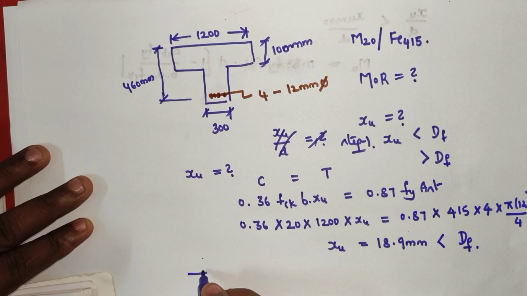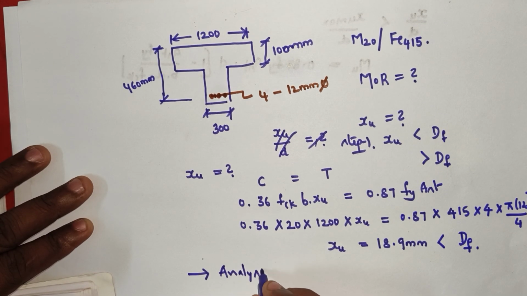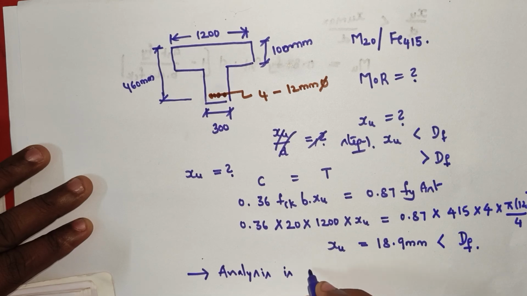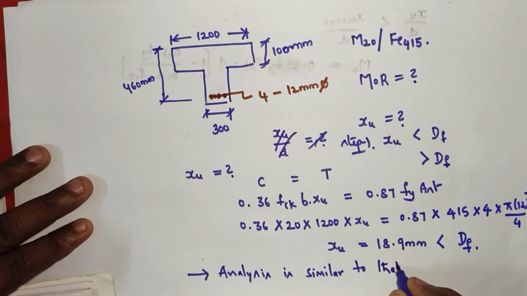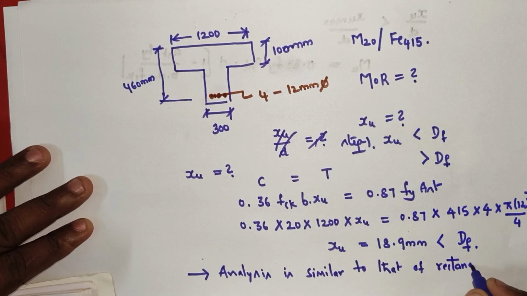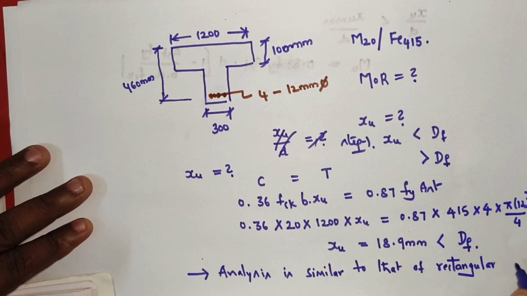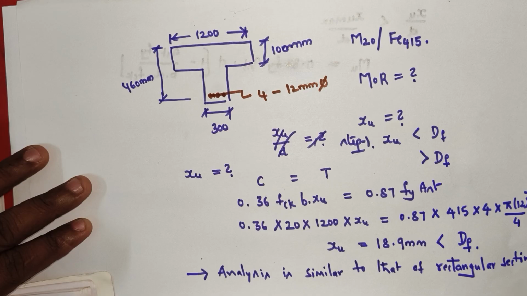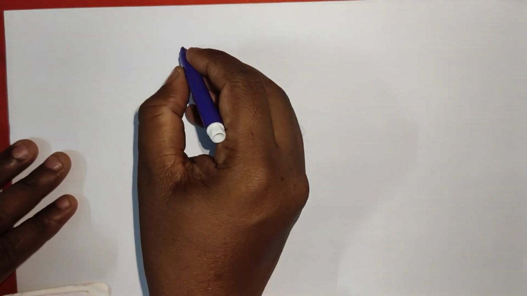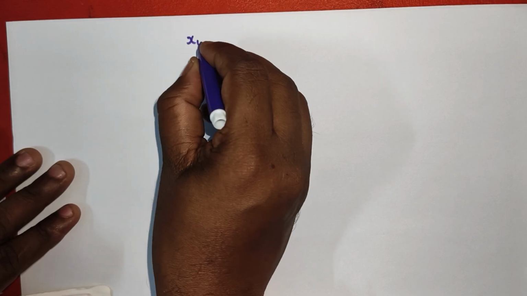Means analysis is similar to that of rectangular section. What is the xu max?